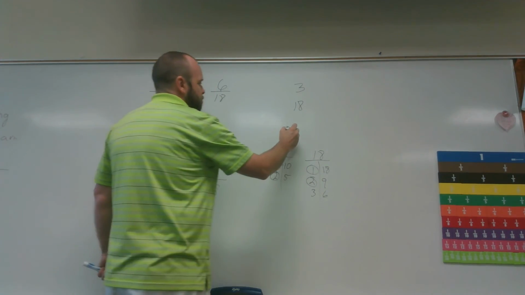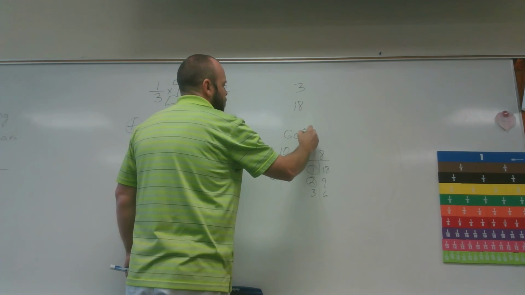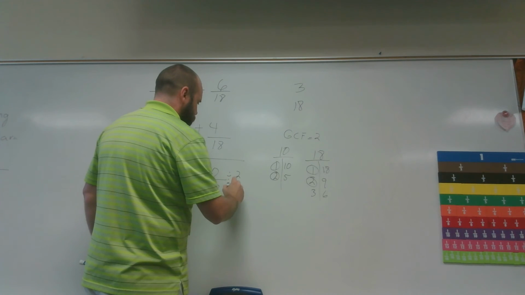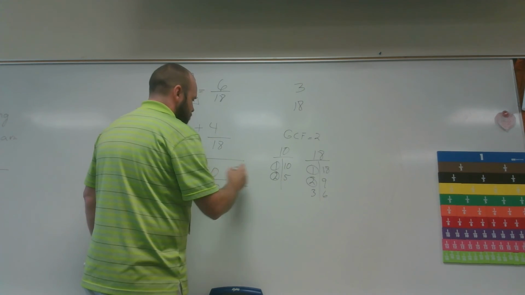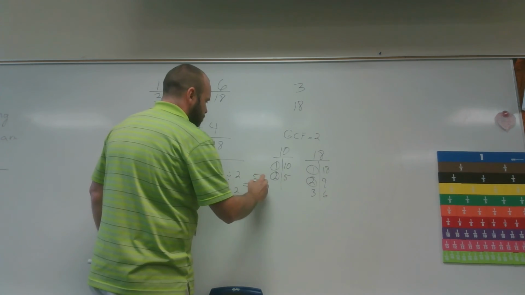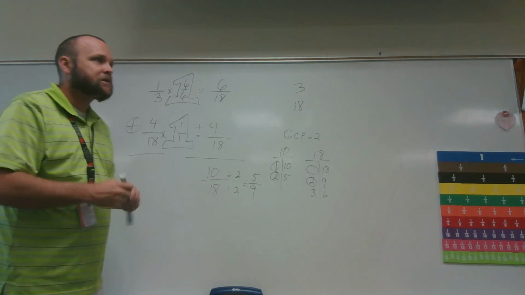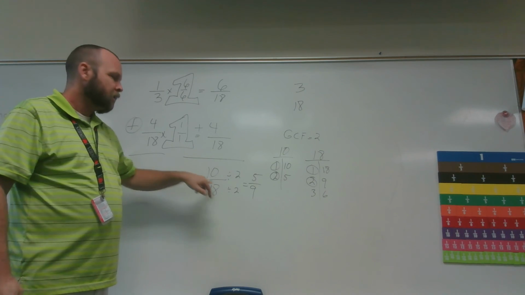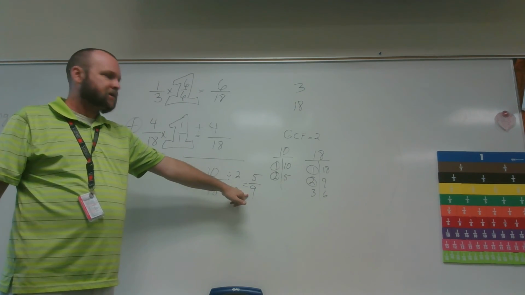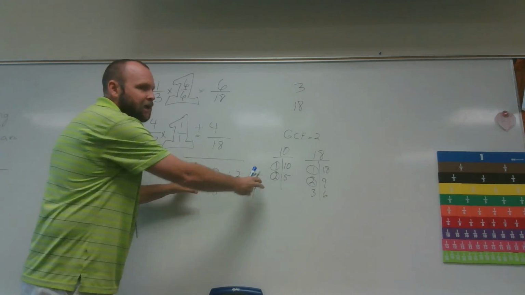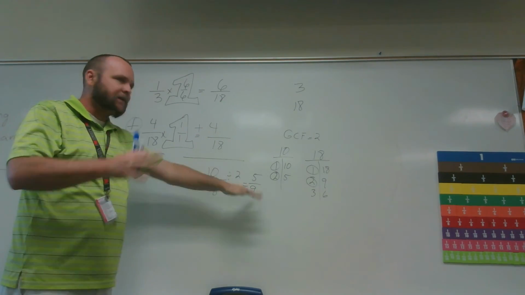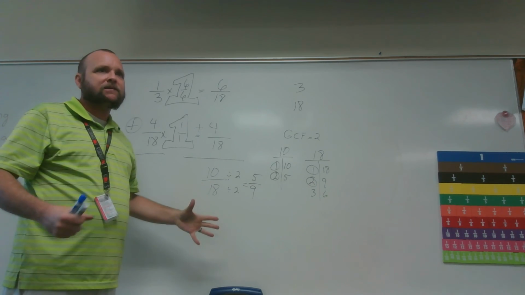That means my greatest common factor is 2. So I divide this by 2. 10 divided by 2 is 5. 18 divided by 2 is 9. So instead of cutting this pizza up into 18 slices and eating 10 of them, we're cutting that pizza up into 9 slices and eating 5 of them. That's the same value, but it's easier for your mind to picture 9 slices than 18 slices.